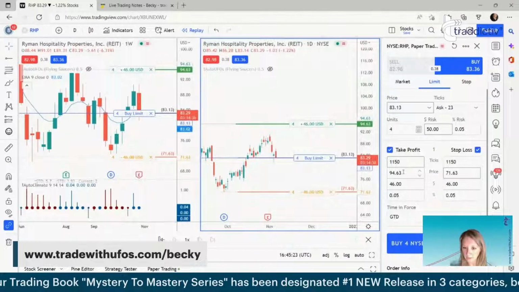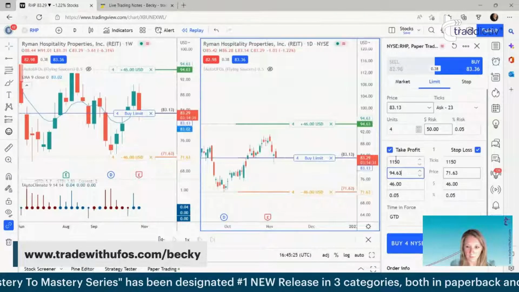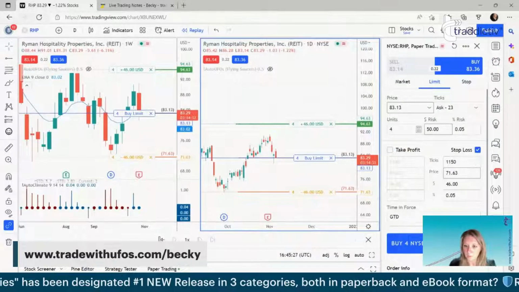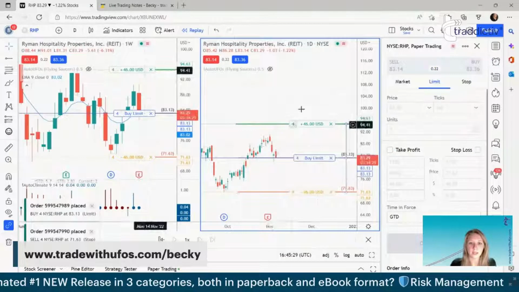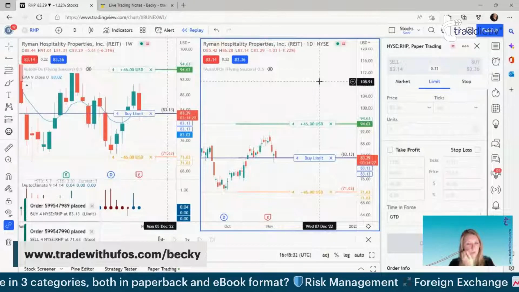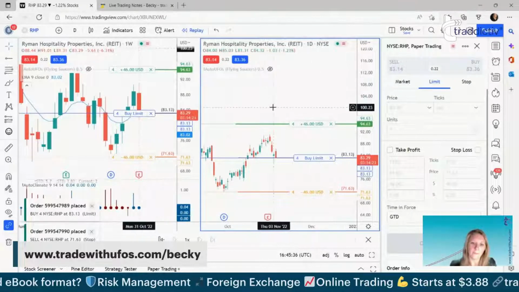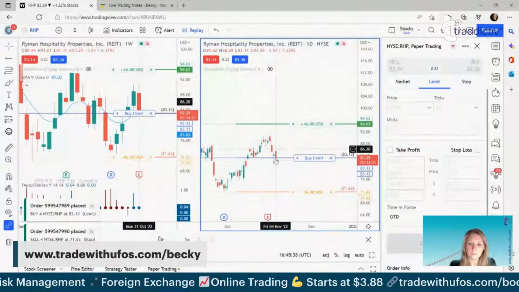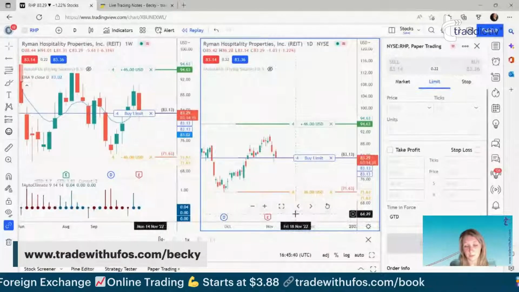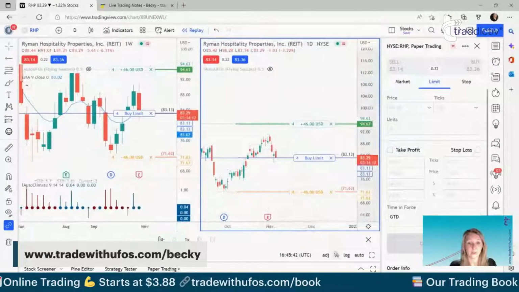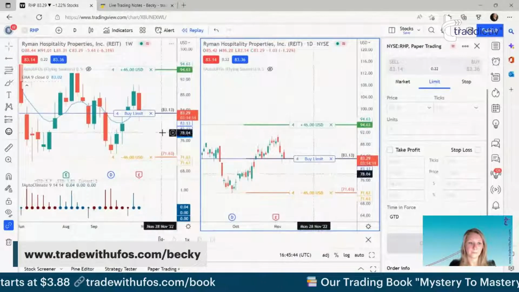And so what that gives us is room to take it as far as it wants to go, with rules to lock in our profits as we go. And if we are wrong, then it's just the same as any other trade. It would be a flat stop out. If we're right a little bit and then it goes against us, we break even, but we've got room to take this.